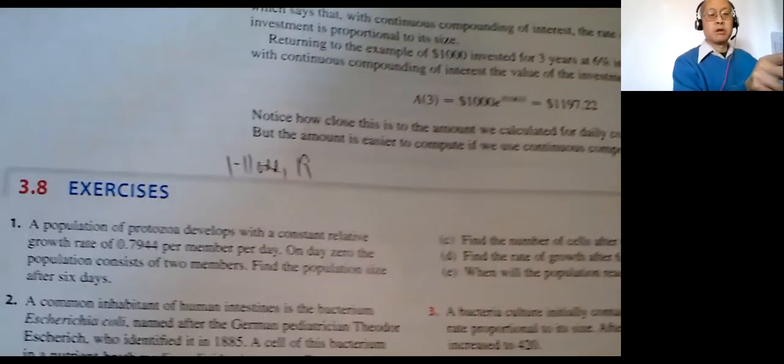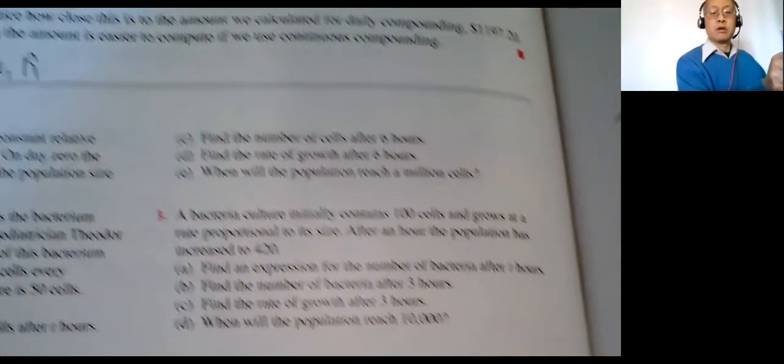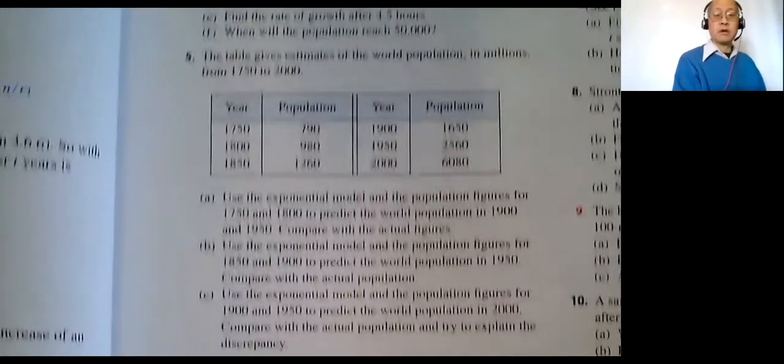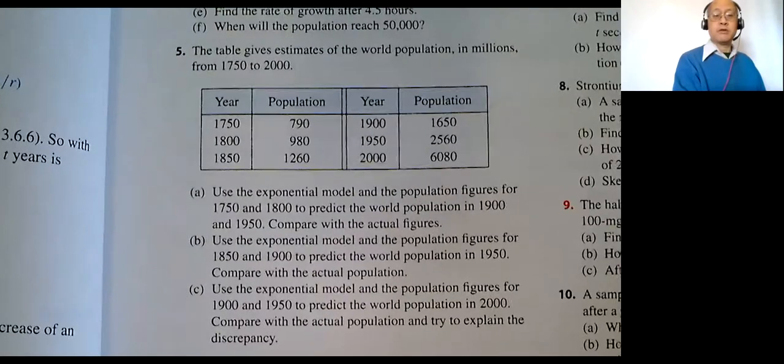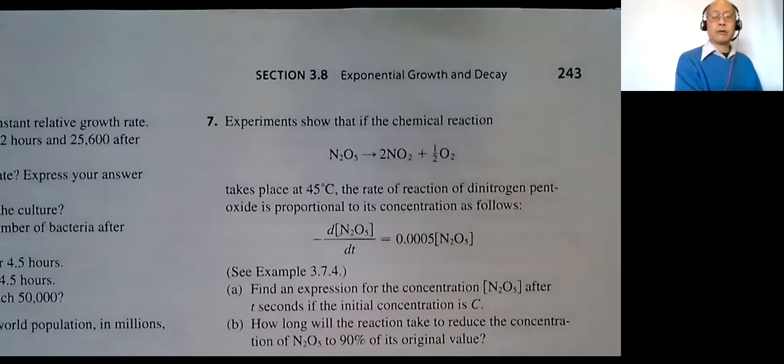All right, so 1 through 11 and 19, they're all word type of problems. So on page 242, there's question 1, 3, 5. Again, I don't keep it up that long because you can always look at the video later if I'm going too fast.